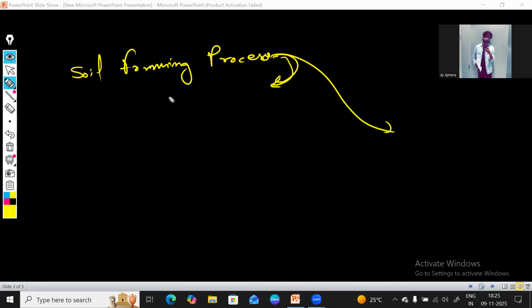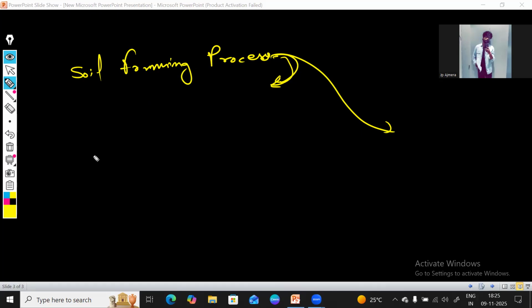So cool. There are two types of soil formation process. Soil forming process. This is the topic for today. There are two broad classifications of these. What are these two types? Let's discuss one by one.